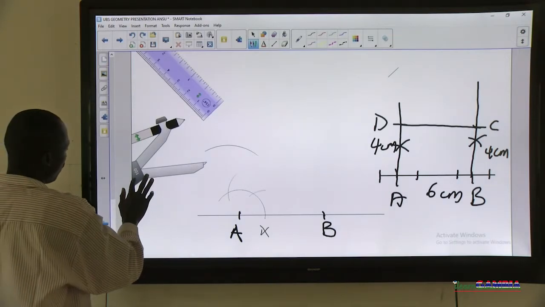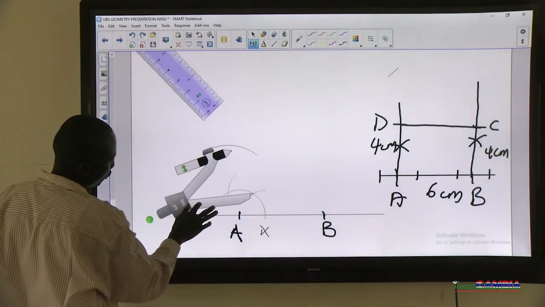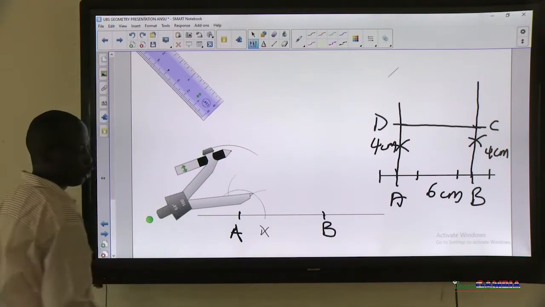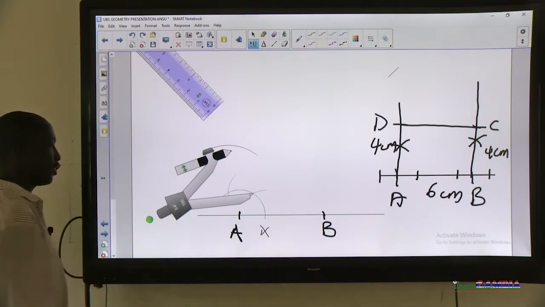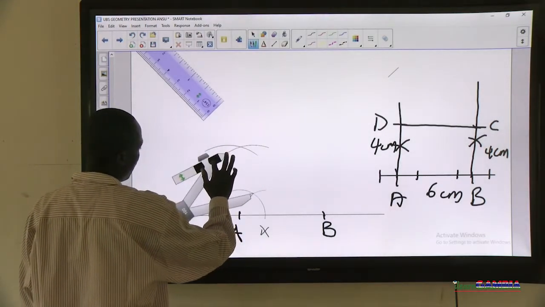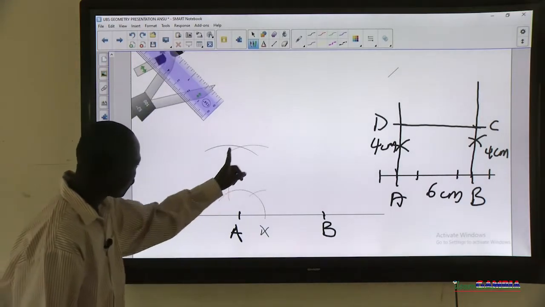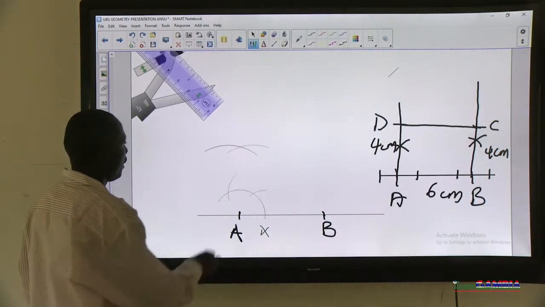Then go to the other point of intersection, the same radius, don't change it, draw another arc to intersect the first one you have drawn above. I have just done that. You can see the point of intersection of this arc here.